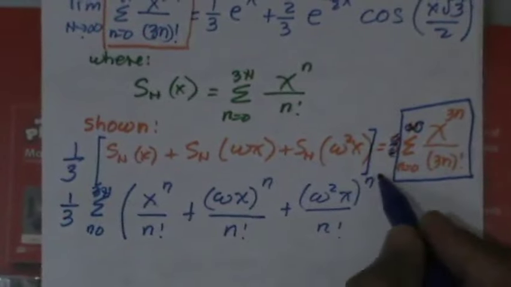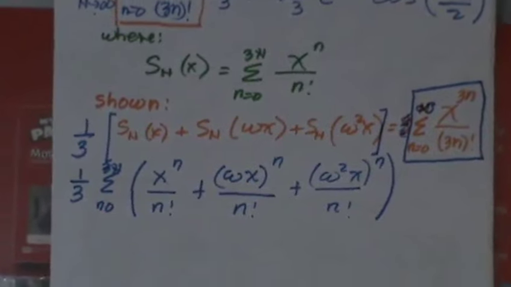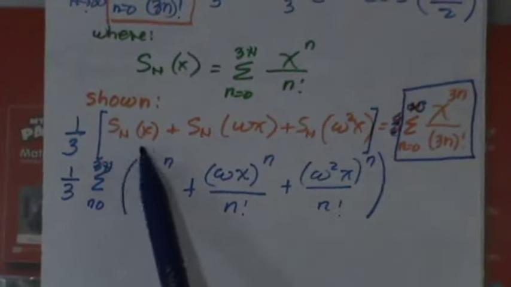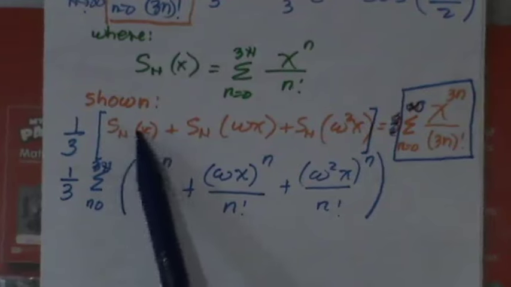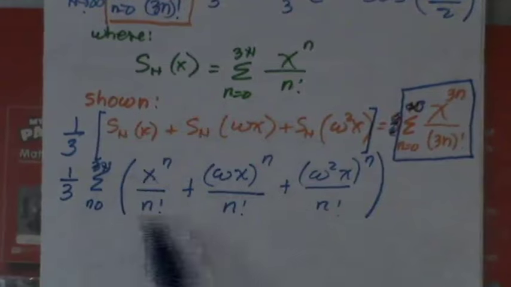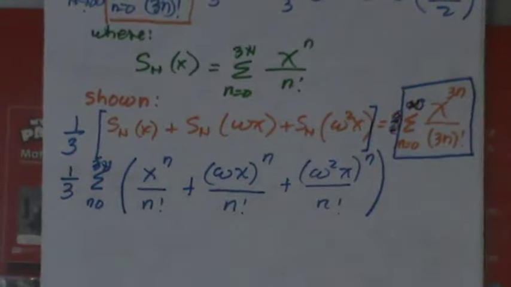So there you go. Let me just close this with a parenthesis. Okay? So it's very intuitive, because we're just using the definition of s of n of x, which is this one. But what is this one here? How shall we go on? How shall we simplify this?